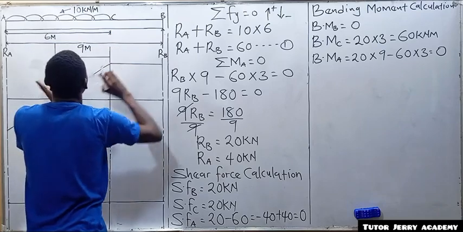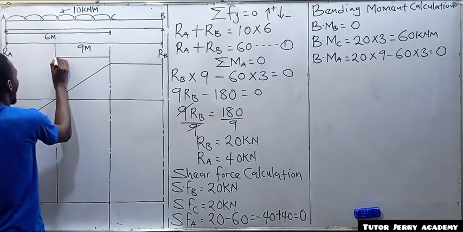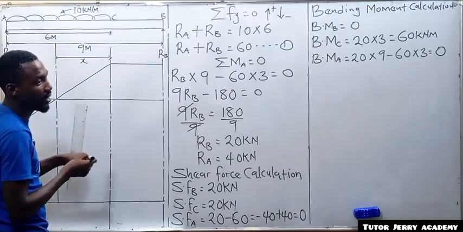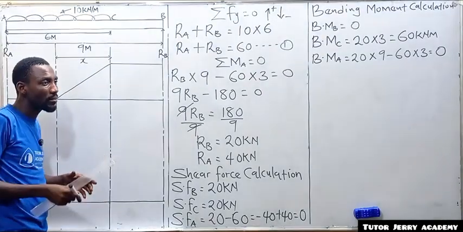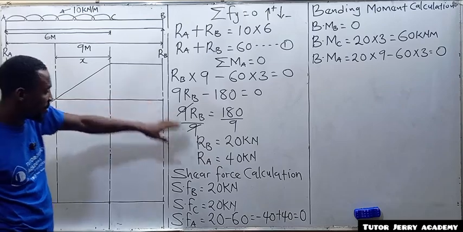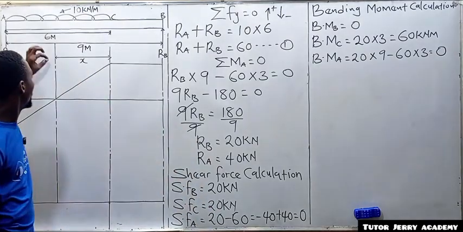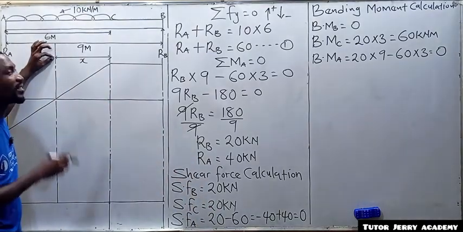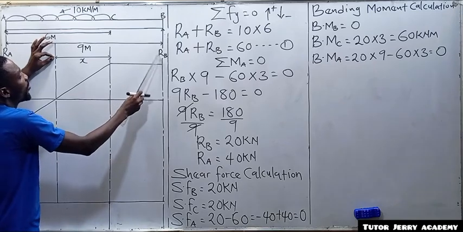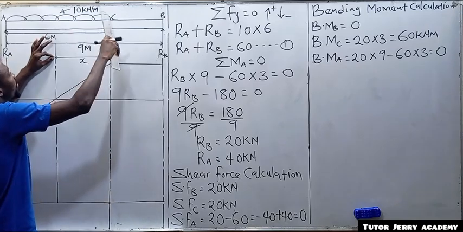All right, so here and here, let's call it S. Is that clear? All right. So if we call it S, what is our ROB? Our ROB is 20, right? So now we want to find the shear force about this point here. The shear force is going to be ROB, then we are having a uniform distributed load here.